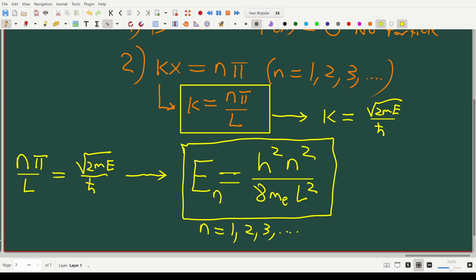The energy can only take values that are proportional to n squared. So this is quantization. Immediately, by just assuming a few things and satisfying the properties of the wave function, we naturally get quantum mechanics out, as you know. These are stick spectra.